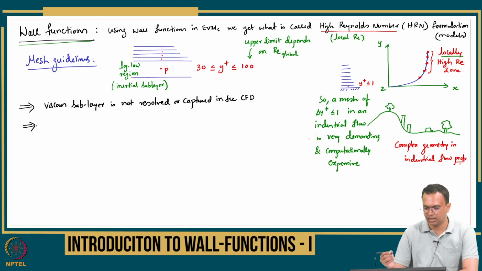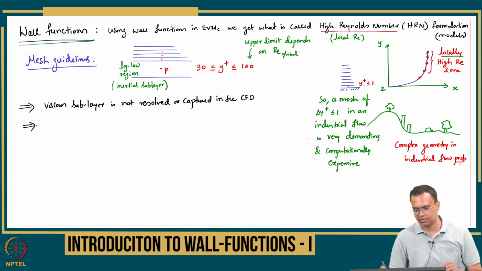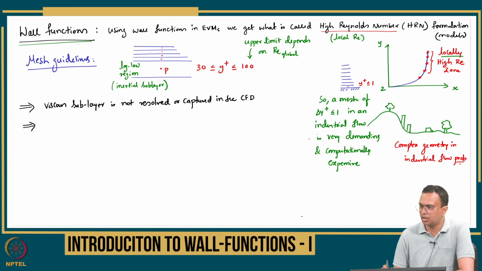If I am making a mesh where the first point is sitting far above, then the idea here is that you need to account for the wall effects. You cannot simply ignore the effect of the wall, right? For example, in combustion, the effect of wall is to quench a flame. So you cannot completely ignore that. So whatever the physical phenomena a wall offers, you must account for it far away from the wall. That is your wall function, right?